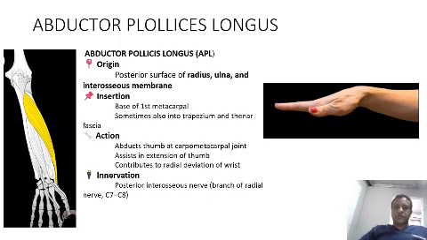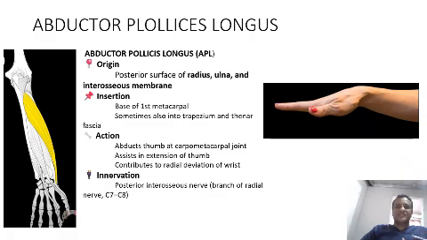Let's now look at the abductor pollicis longus, APL, a deep forearm muscle with a specialized role in thumb mobility. It originates broadly from the posterior surface of the radius, ulna, and interosseous membrane, which gives it a strong, stable base for action.